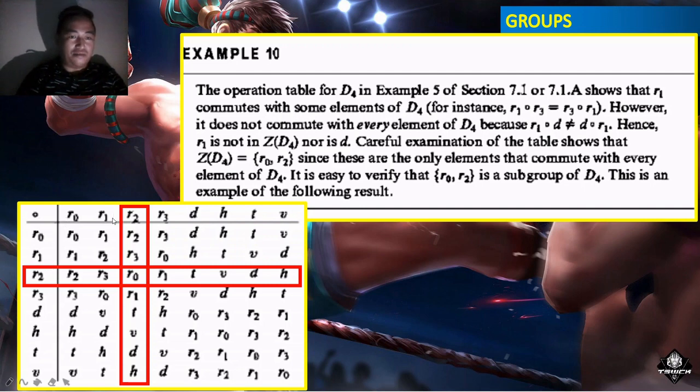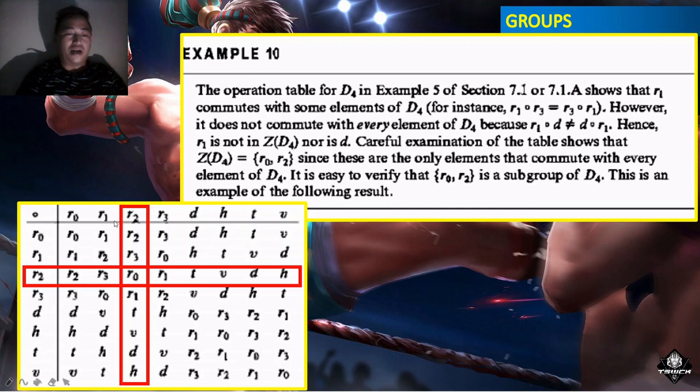R1 compose R1 is R2, R1 compose R2 is R3. R1 compose R3 is equal to R3 compose R1. It commutes there. However, it does not commute with every element of D4.